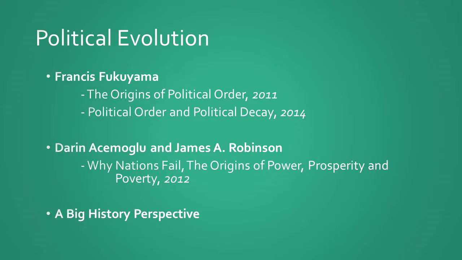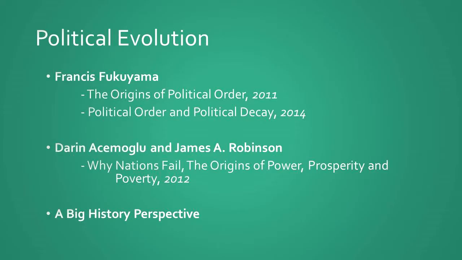The first one is Francis Fukuyama. He's of course well known for the book The End of History and the Last Man, 1992. But I find much more interesting his recent work, published in 2011 and 2014, 2 volumes about the history of politics, dating it back even to chimpanzee politics. So really from the beginning, from before humankind was on the scene.